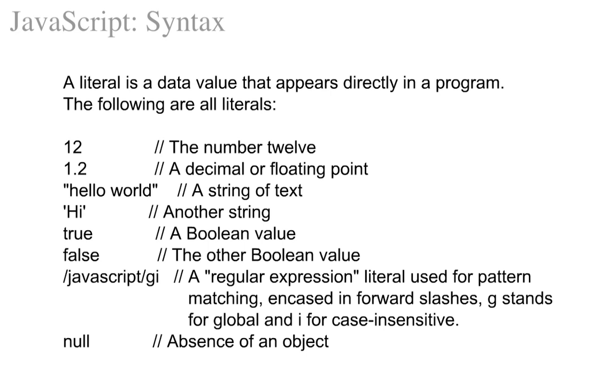Also in single quotes, 'hi' is another string of text. True and false each represent a Boolean value. /JavaScript/gi is a regular expression or literal that is used for pattern matching. And null is the absence of an object.